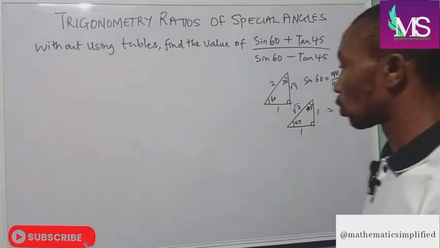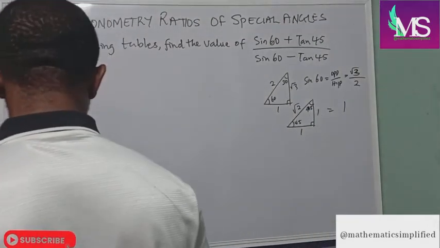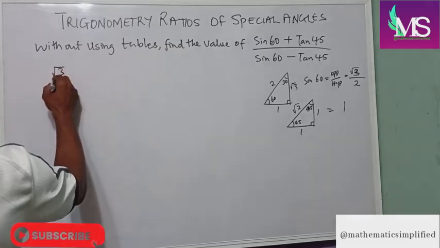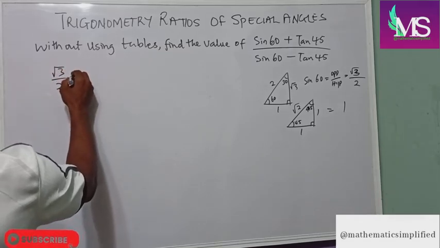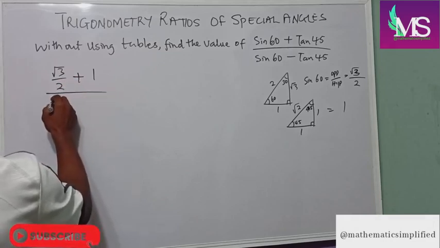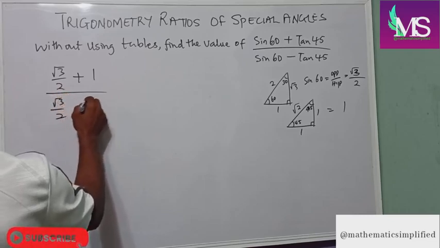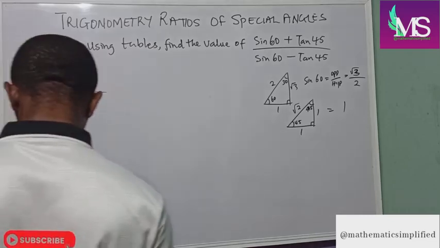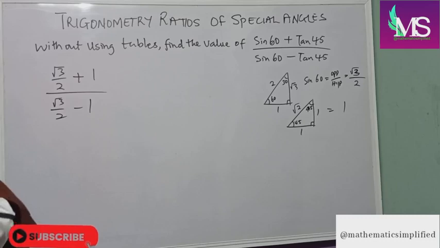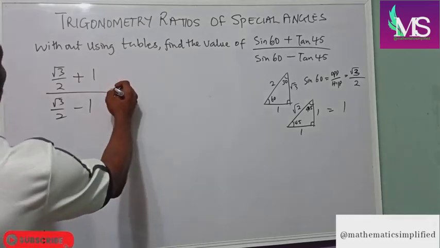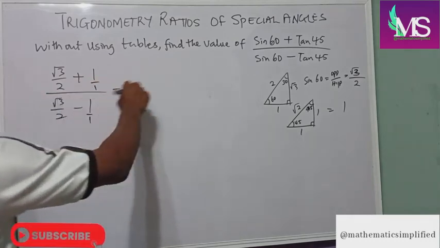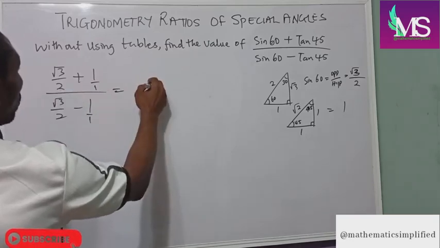Now coming back to our question, this will become root 3 over 2 plus 1 all over root 3 over 2 minus 1. In doing this, we will find our LCM for both numerator and denominator. Our LCM here will be 2.